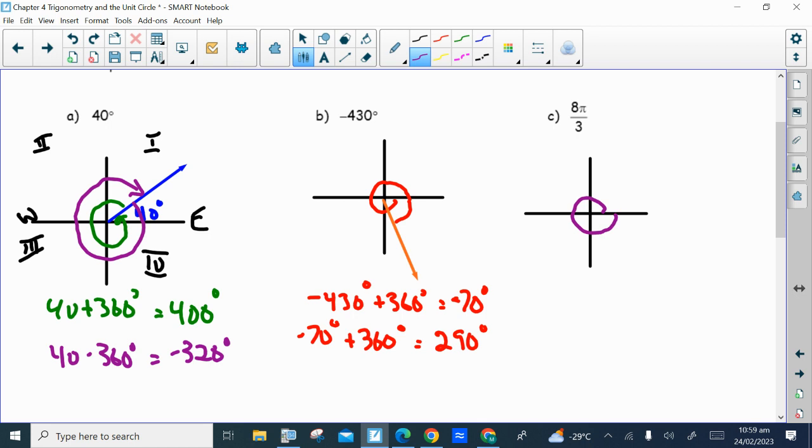And it's also helpful to remember that when you're talking about pi on 3, that's the same as 60 degrees, because 180 divided by 3 gives you 60. So this is 6 pi on 3. I need to go 2 more pi on 3s, or 2 more multiples of 60. That takes us approximately right there.